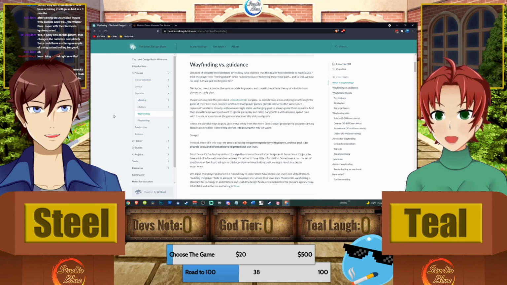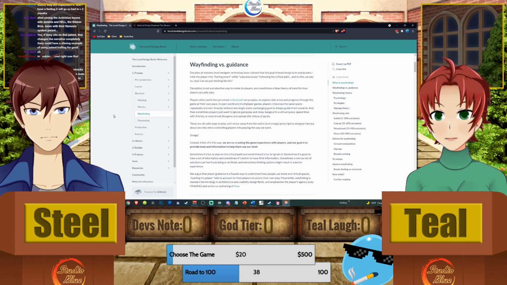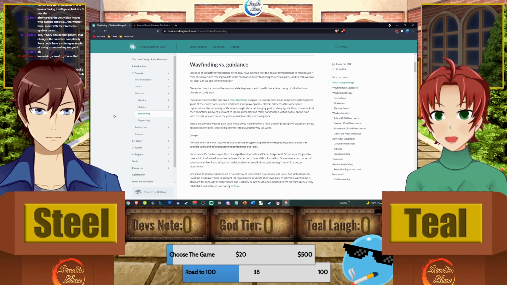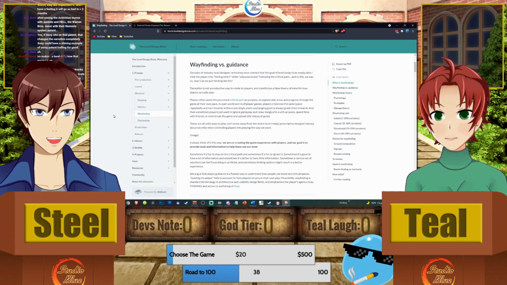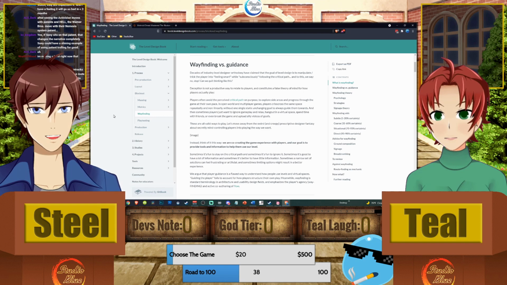And to that we say no. Please stop doing that, because to me, it's annoying. You're assuming the player is dumb. The deceptive concept of the orthodox critical path is that the player needs that hand-holding to get through the level, and that's not good.